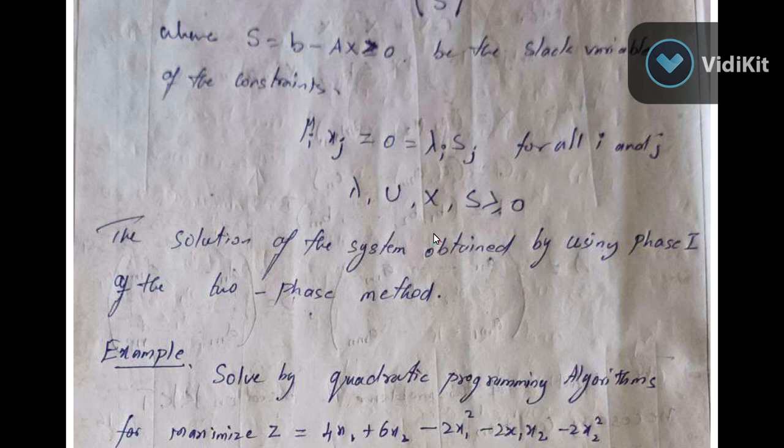Further, the Lagrangian multipliers lambda, mu, the variables and the slack variables are all positive. This is the Karush-Kuhn-Tucker condition. Now the given problem can be rewritten like this. Once rewritten, how do we solve it? That is the next question. We put it in standard form based on the KKT conditions, and solve it like the previous concept we discussed, the simplex method.